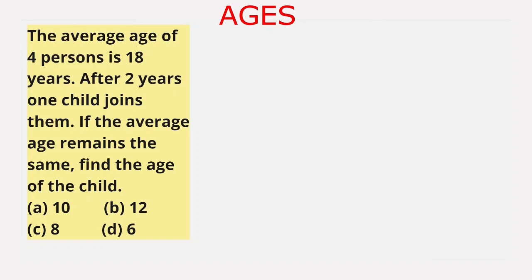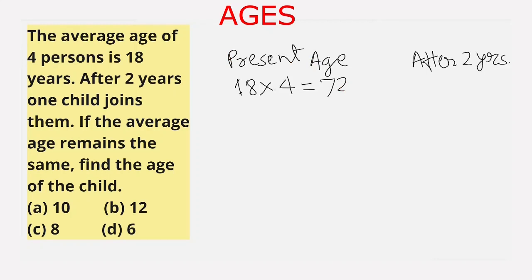Now I write all the steps which I have narrated while solving orally. The present age is 18 multiplied by 4 of 4 persons. The total comes out to be 72 years. After 2 years, 18 multiplied by 5 is 90 years. So what is the present age of those 5 persons? It is 2 multiplied by 5 equal to 10 years.